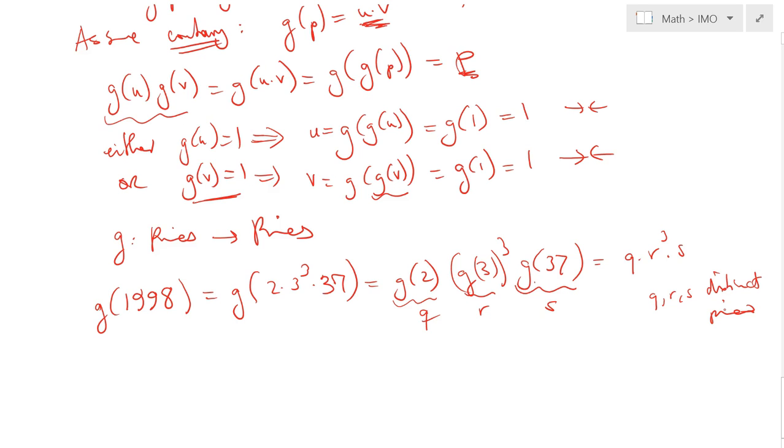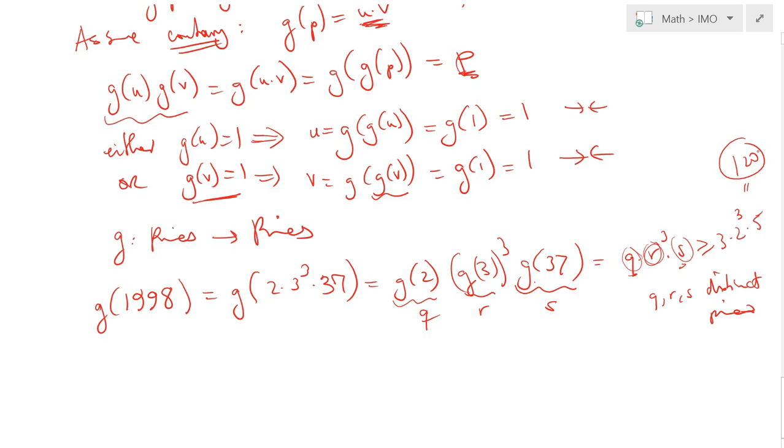So this expression is greater than or equal to, if you optimize it, we can put the smallest primes for q, r and s, such that we get the lowest bound. I need to put the lowest prime on r, and the other two would be the other primes. So I get 3 times 2 cubed times 5, which is simply equal to 120.